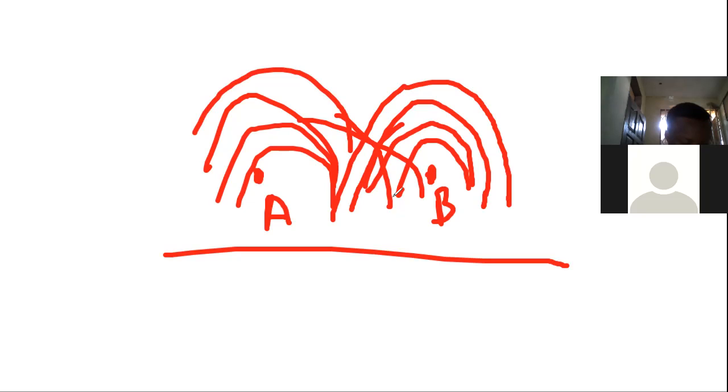In a region where the two waves overlap, there's an overlapping, as in football. And so the waves are said to be superimposed.